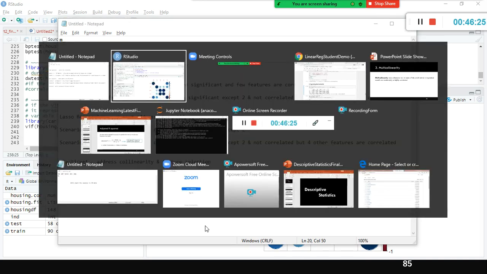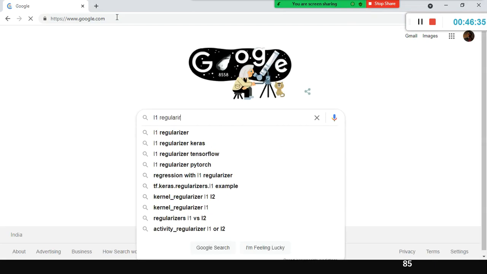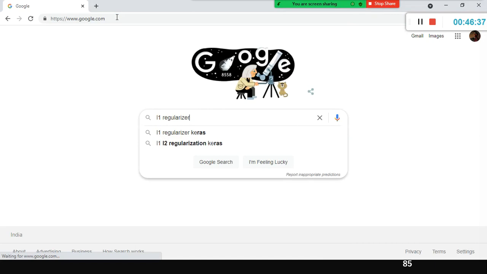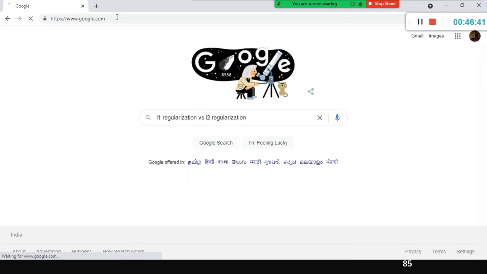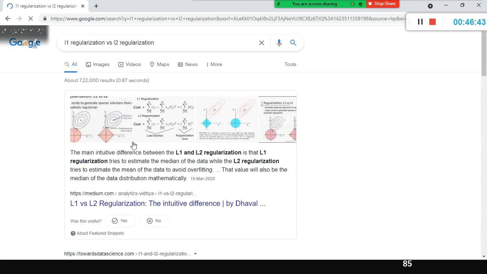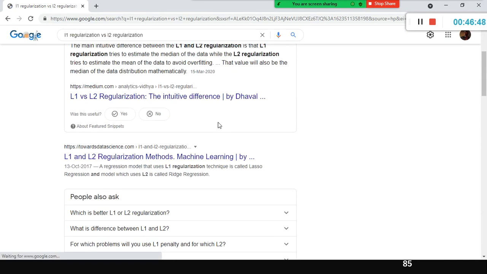They also call these L1 regularization and L2 regularization. What is L1 regularization versus L2 regularization? L1 is called lasso regression, L2 is called ridge regression.